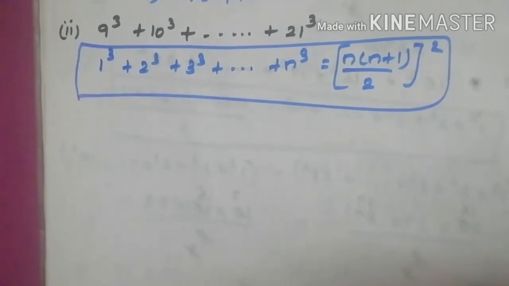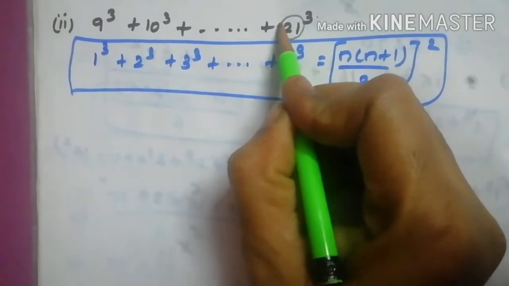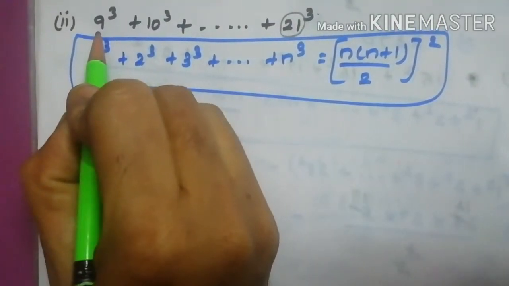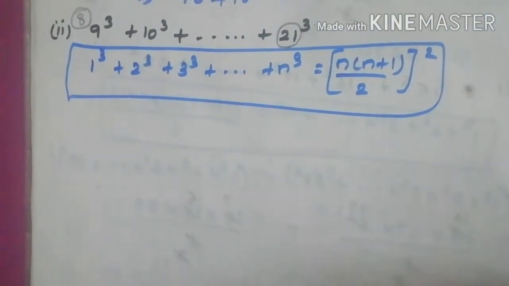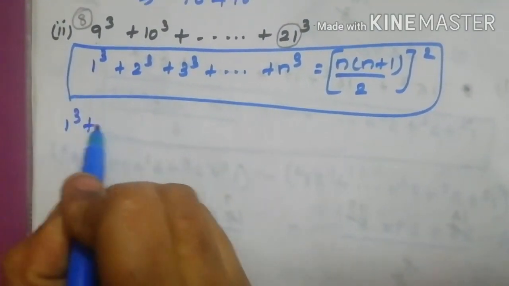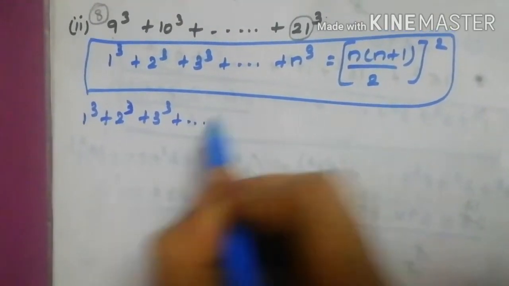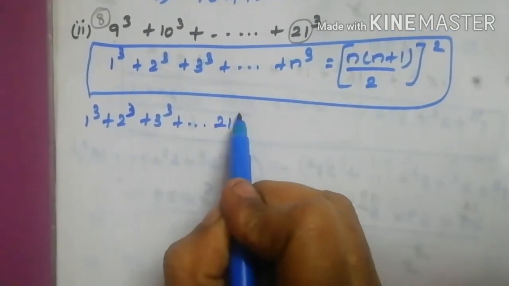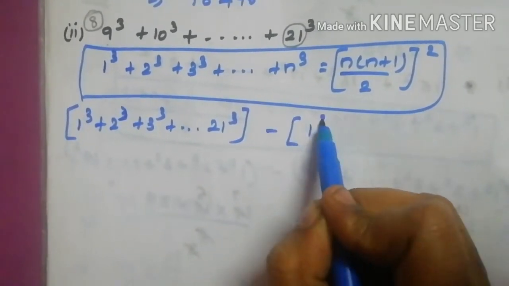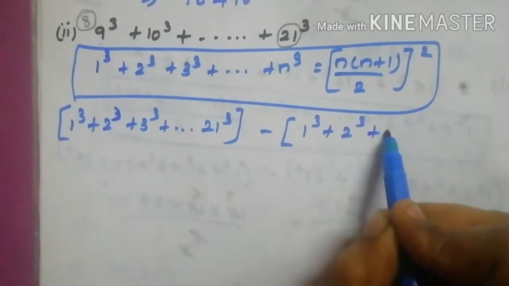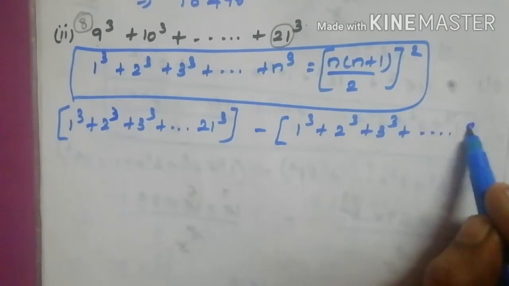Here we take the last number 21, and before the first number 9 we have 8. So we write 1 cube plus 2 cube plus 3 cube plus etc. up to 21 cube, minus 1 cube plus 2 cube plus 3 cube plus etc. up to 8 cube.